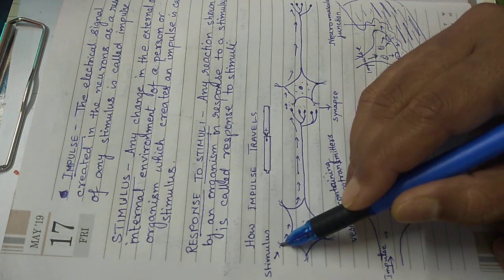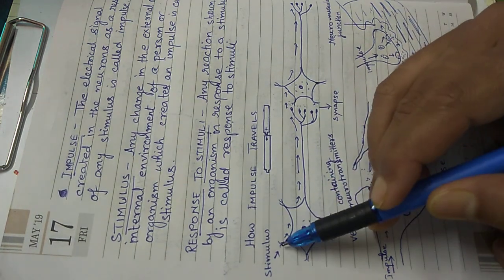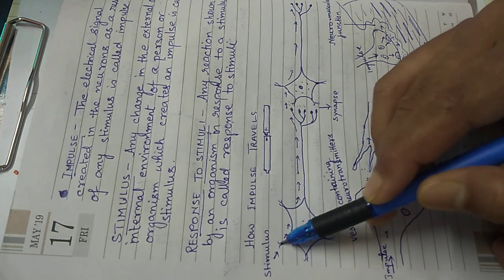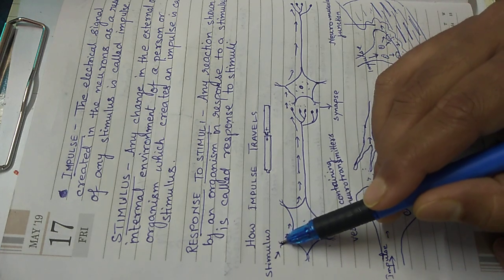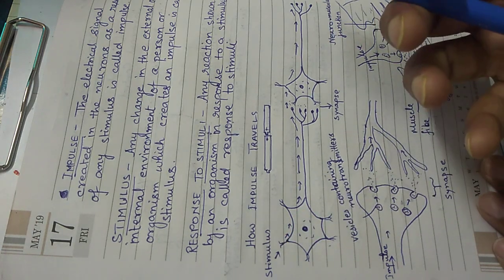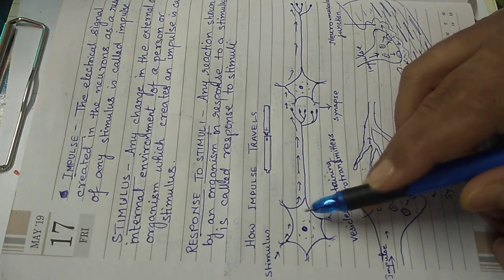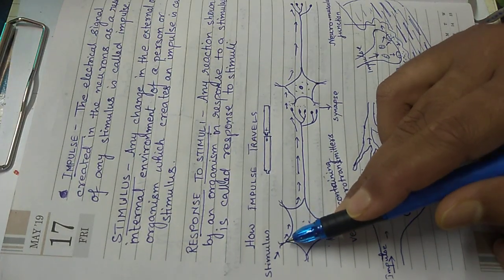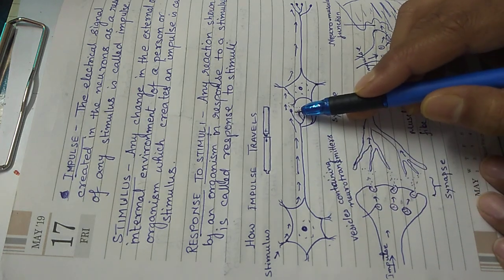Always remember that the impulse is created in response to the stimulus. The impulse will be created in the dendrites as an electrical signal. Actually everything is in the form of faint electrical signals which are called impulses. That electrical signal will travel from the dendrites through the cyton, through the axon, up to the nerve ending.